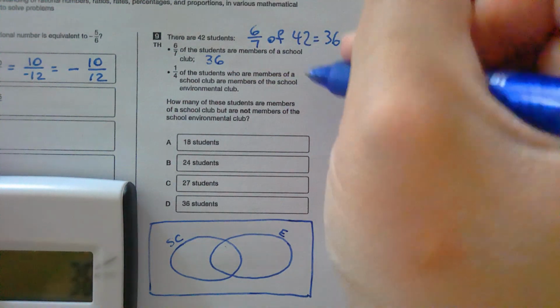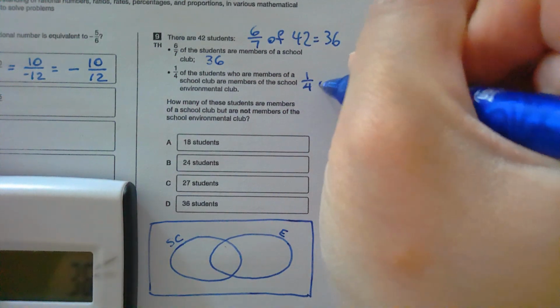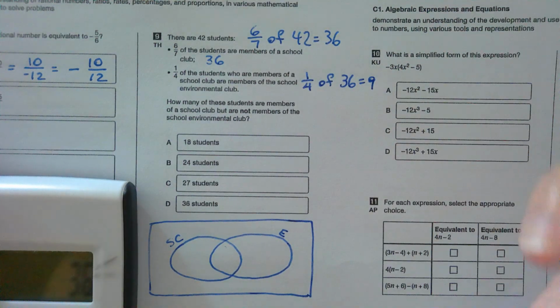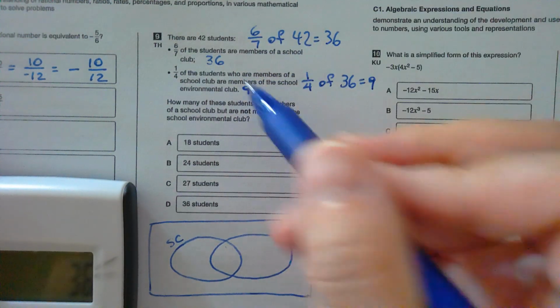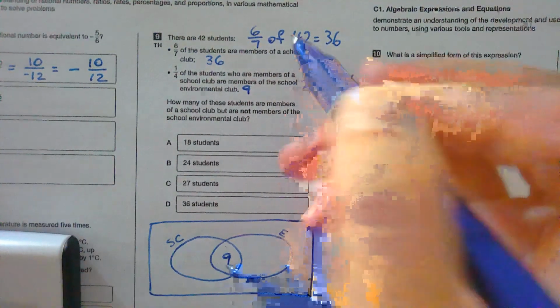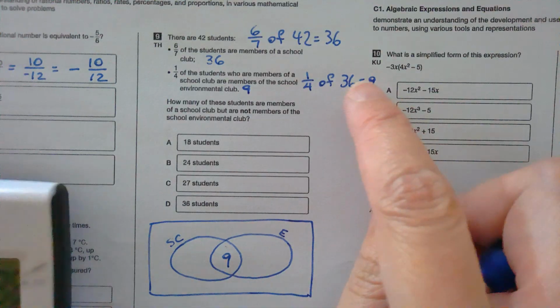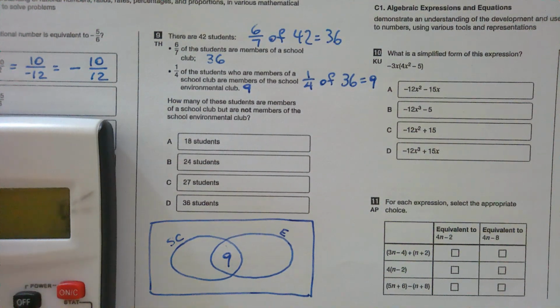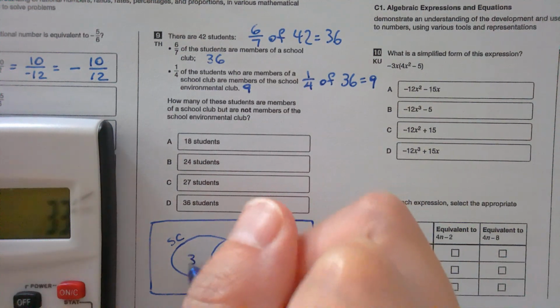So 1/4 of 36 is 9. So 9 people are both. So 9 goes in here. Okay. Remember, this whole circle is 42. So if you do 42 minus 9, you get 33 right here.